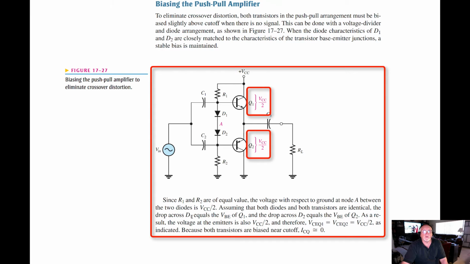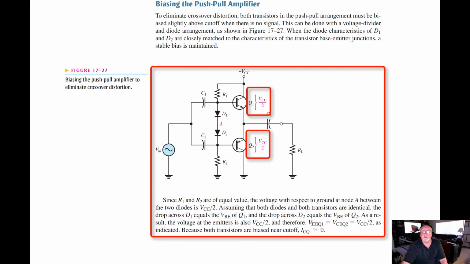The drop across diode 1 equals the voltage base to emitter of Q1, up here. The drop across diode 2 equals the voltage base to emitter of Q2 down here. As a result, the voltage at the emitters is also VCC divided by 2.